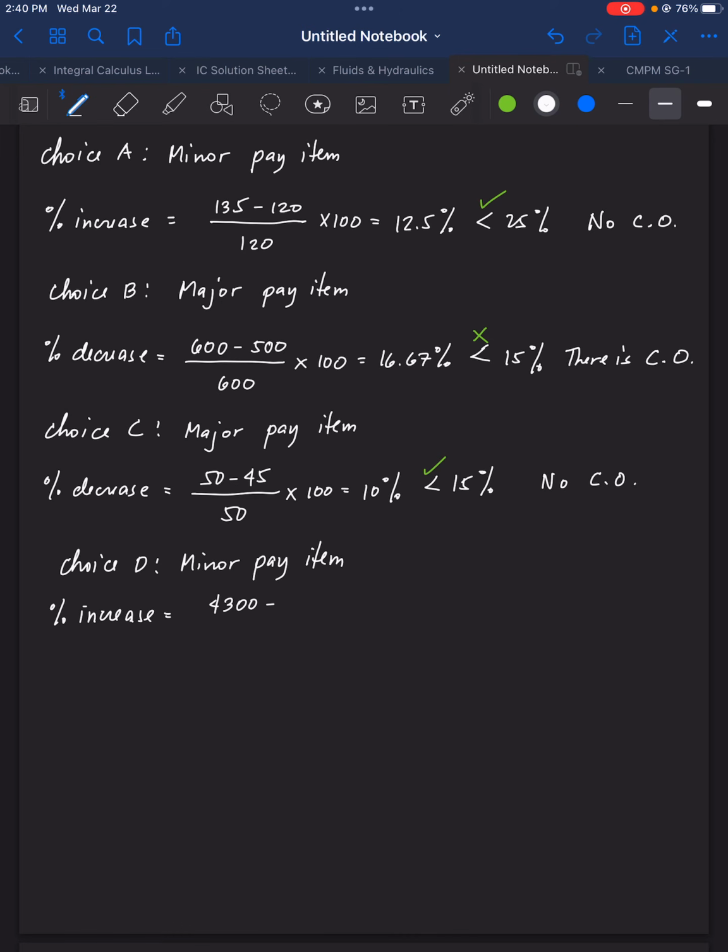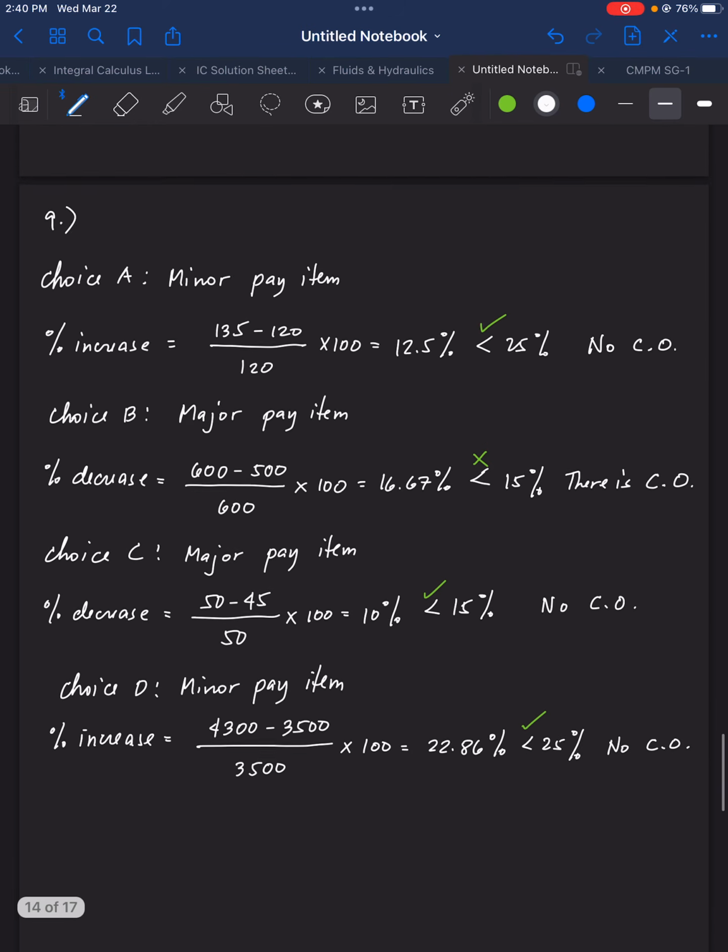The difference divided by 3,500 times 100 is equal to 22.86%. Is this less than 25% for a minor pay item? Again, yes. Therefore, no change order.